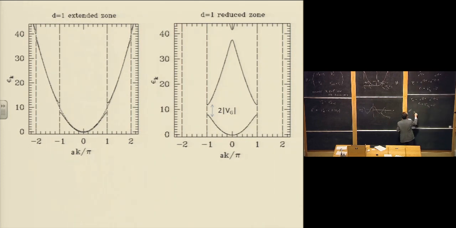Let's take psi plus, square it, so we get the probability density. So this is the probability density: psi plus squared, which is proportional to cosine squared of pi over a x, and psi minus squared will be proportional to sine squared of pi over a x.